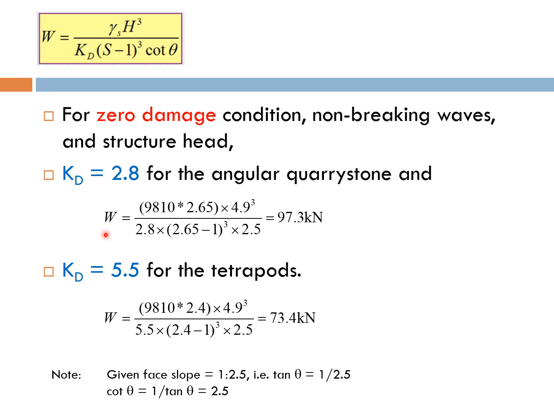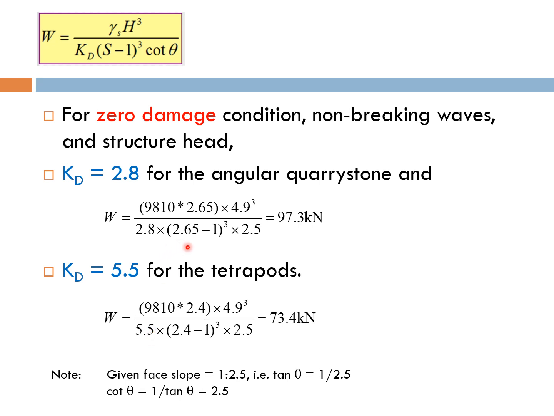The weight of the quarry unit required is next calculated. So we have the specific weight given here as 2.65 multiplied with 9,810. We have the design wave height of 4.9, which is the same in both cases. For tetrapod, the specific weight is 2.4 times 9,810. This is the stability coefficient for each armor unit.